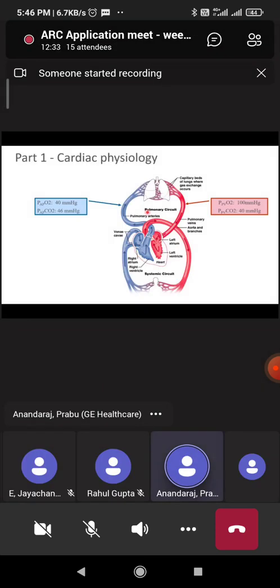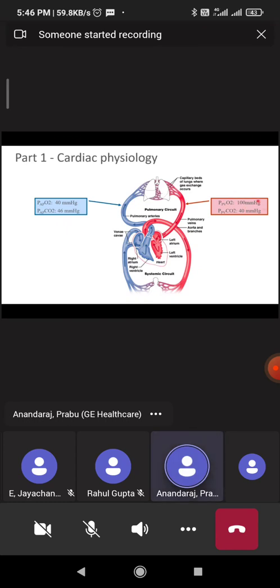The oxygen in the alveoli will be flooding the blood in the capillary system and increase the concentration to as high as 100 millimeters of mercury. What I mean by normal condition is without a mechanical ventilator. Normally, how you and I are breathing, we will have 100 millimeters.